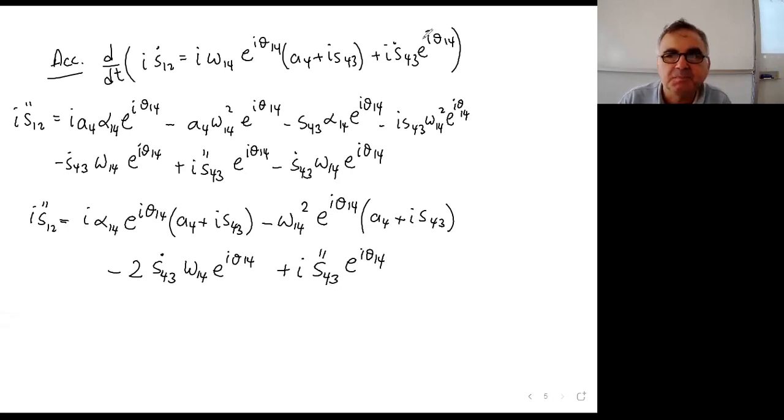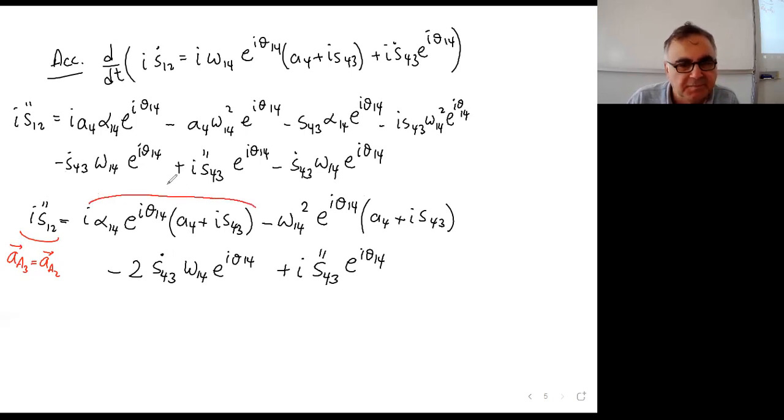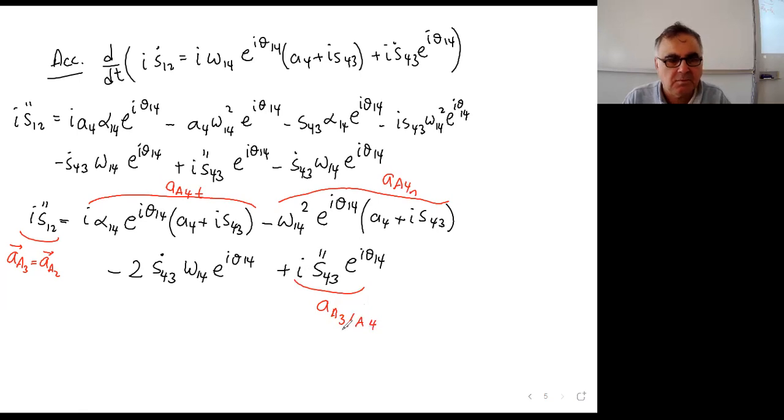Okay. So what are these? This is acceleration of A3 equals acceleration of A2. This is the acceleration of A4 tangential. This is A4 normal. Acceleration of A3 relative to A4. And this is the Coriolis.